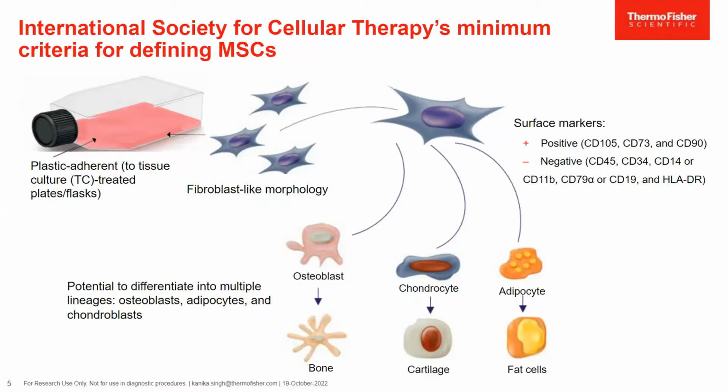They express certain CD markers like CD105, CD73, and CD90, and do not have certain markers like CD45, CD34, HLA-DR, etc. on their surface. Like I mentioned in the previous slide, they have a potential to differentiate into multiple lineages like osteoblasts, adipocytes, and chondroblasts.